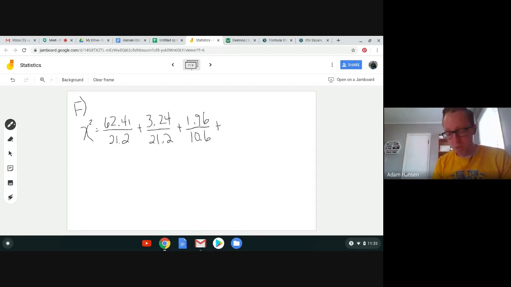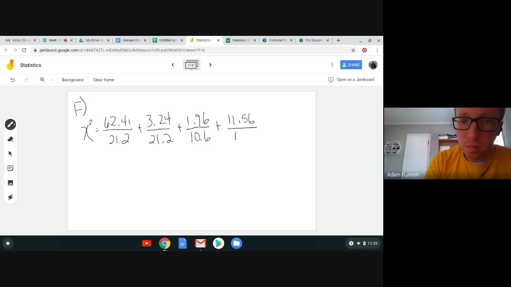For blue, 14 minus 10.6 is 3.4. Square it, it's 11.56, divided by 10.6. Green, 8 minus 10.6 is negative 2.6.